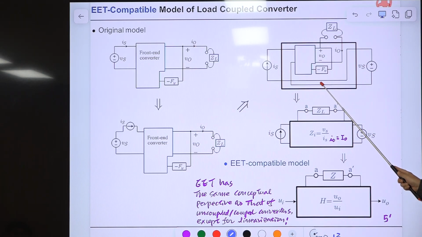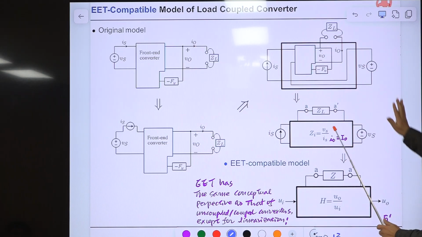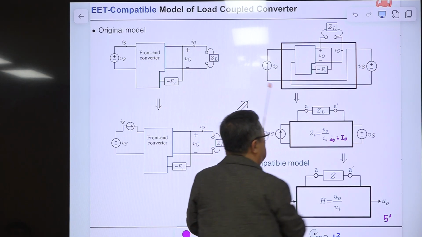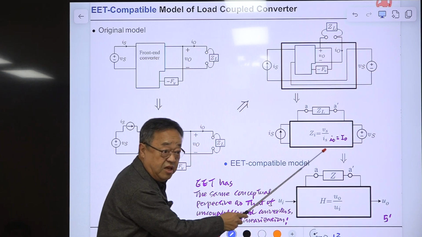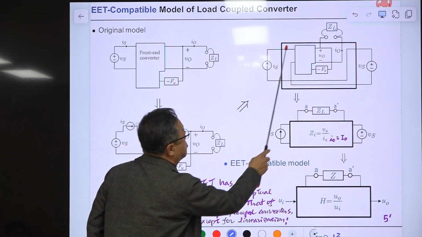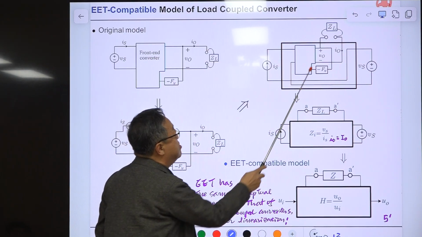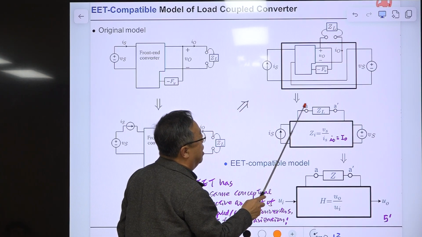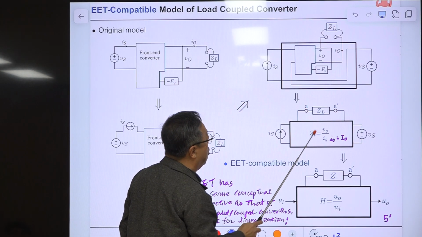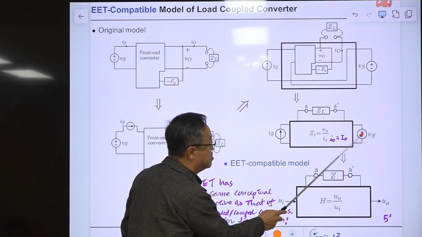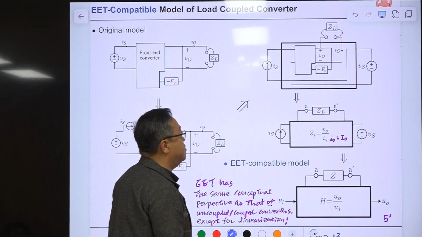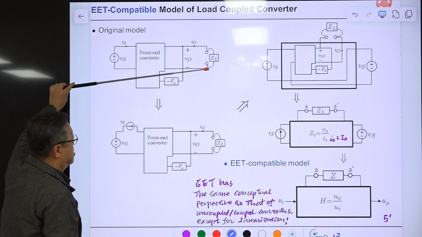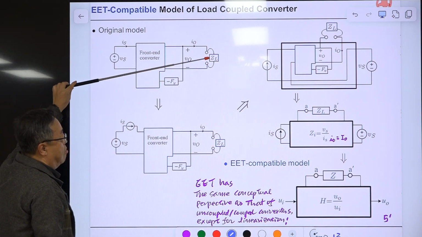Then I blocked this box. Inside the box you are not seeing anything, but inside we have this. This is taken out, and I assigned A prime at these two nodes, and this is the input, this is the output. We are interested in the input impedance of this load coupled converter.